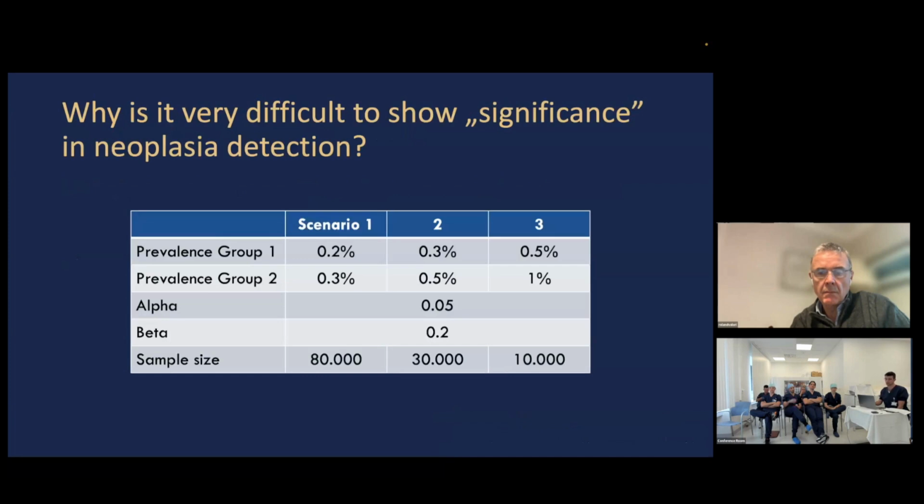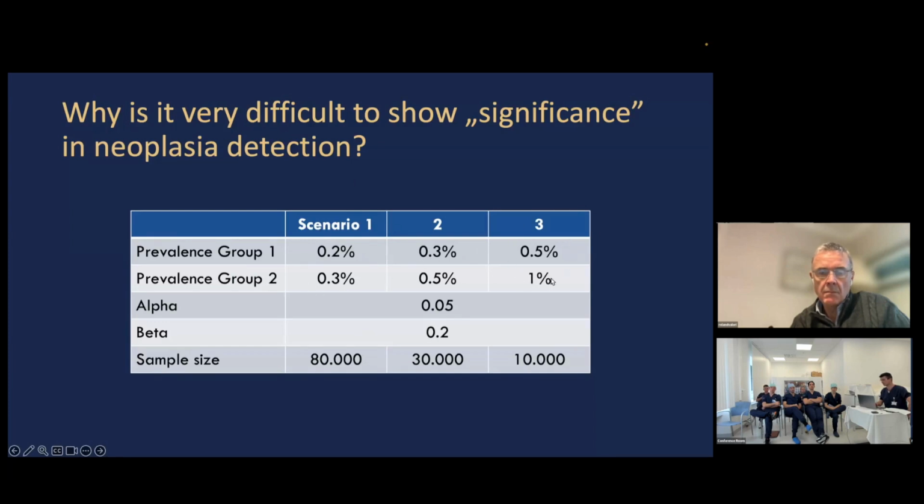If you consider an RCT and a sample size calculation where you want to increase the detection rate by just 0.1%, so from 0.2 to 0.3, that study needs 80,000 participants to show significance. And probably this is the rate at which early gastric cancer occurs.